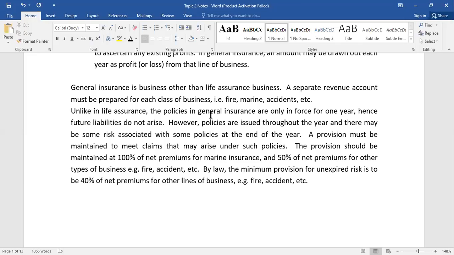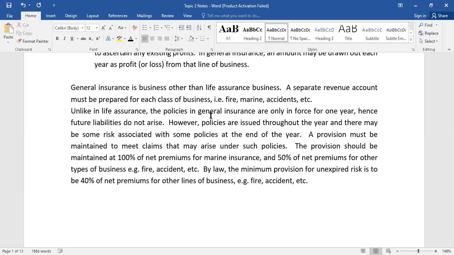So we'll go on. I've said that each segment of the business is taken as an independent revenue center. So when we are posting for the end of year statements, we'll be preparing different sets of accounts for each revenue center.